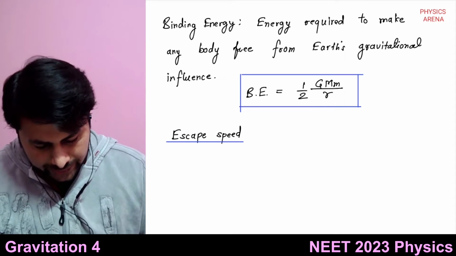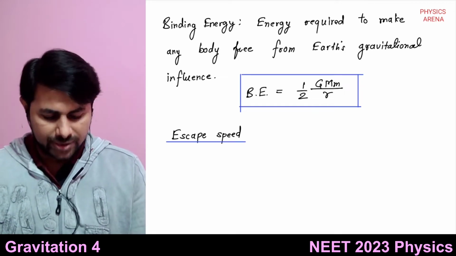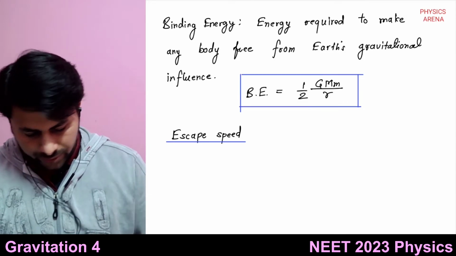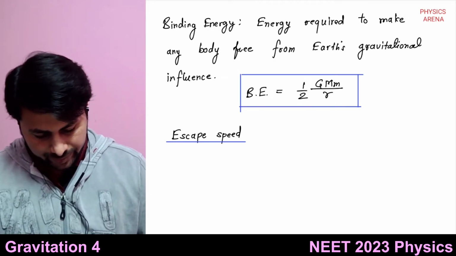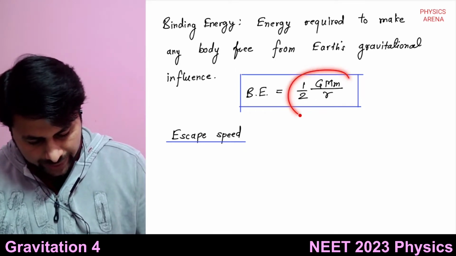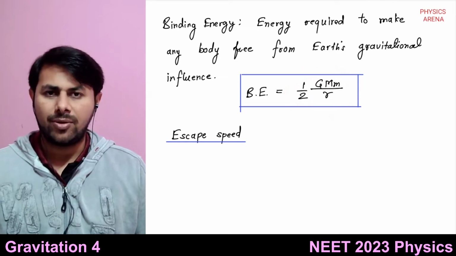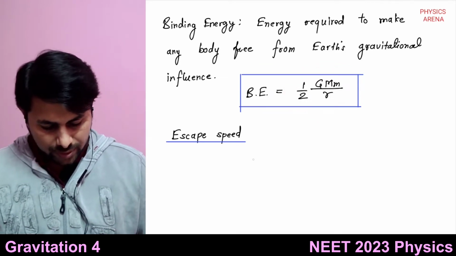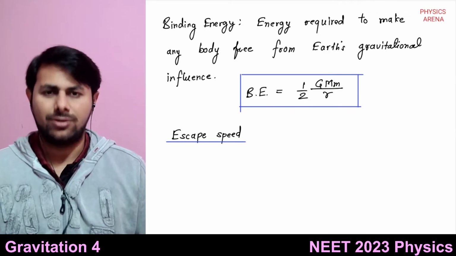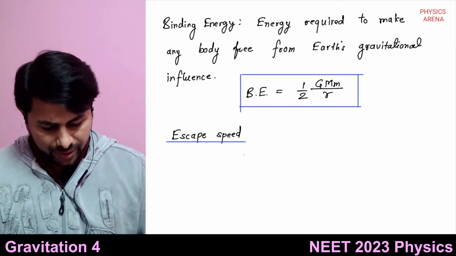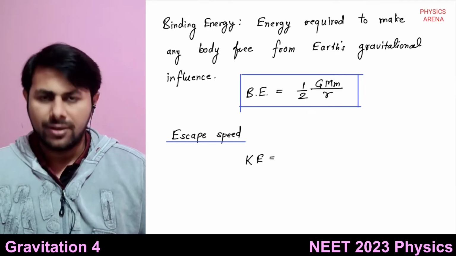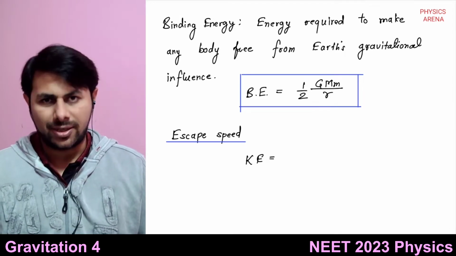So next we are going to find out how much speed is required. So see, escape speed. Now the binding energy is half of GMm upon r. So the extra kinetic energy that we are going to provide to a satellite to make it free must be equal to this binding energy.